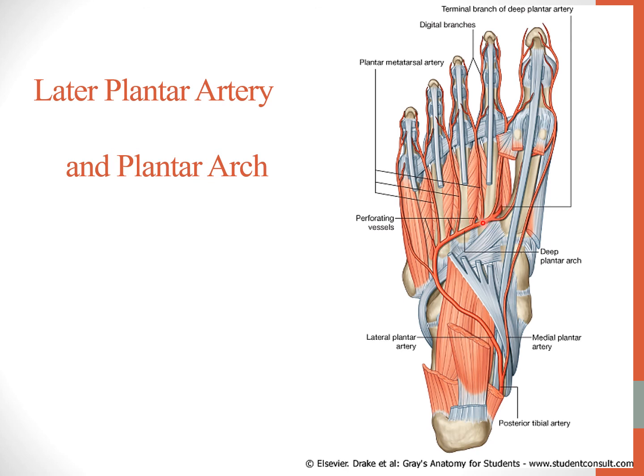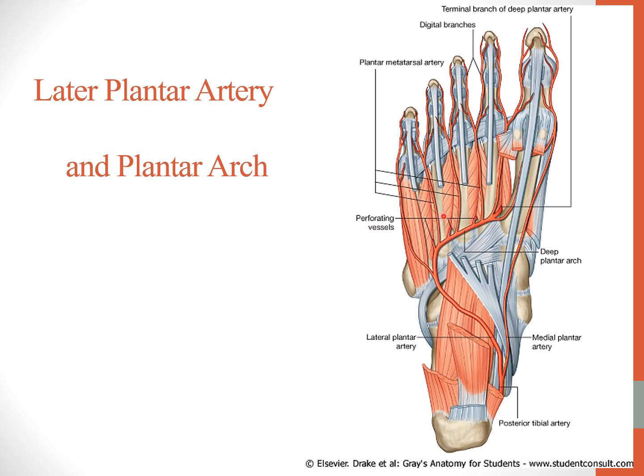So this is the plantar arch, and this plantar arch will further give branches which are known as plantar metatarsal arteries. So plantar metatarsal arteries then terminate into digital branches. So lateral plantar will form the arch with the dorsalis pedis artery union as the plantar arch.